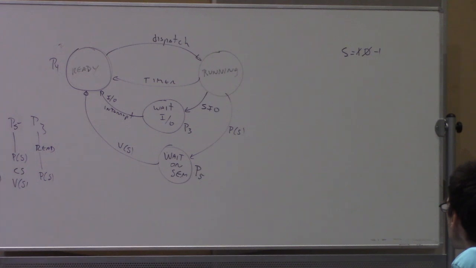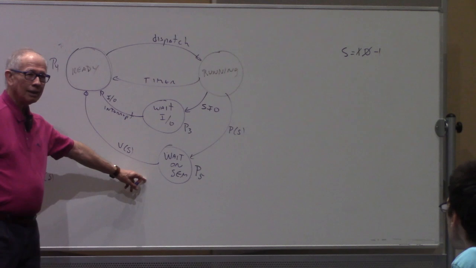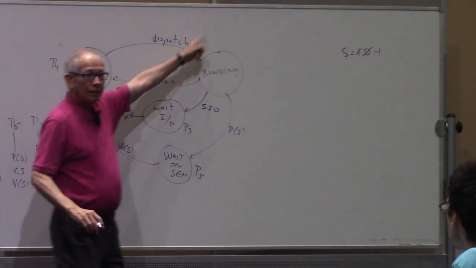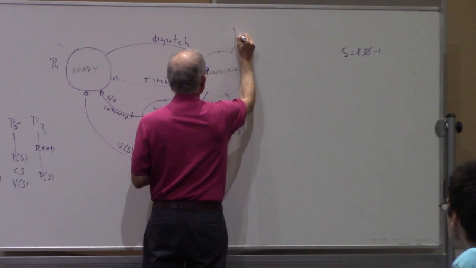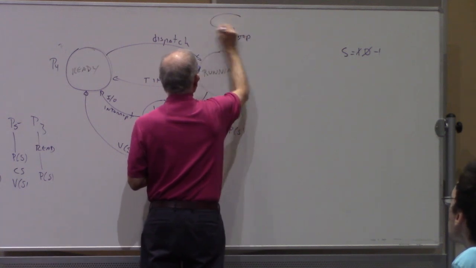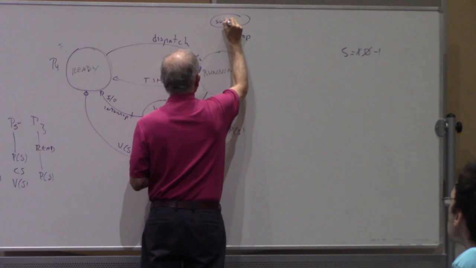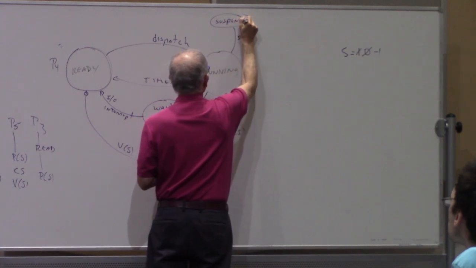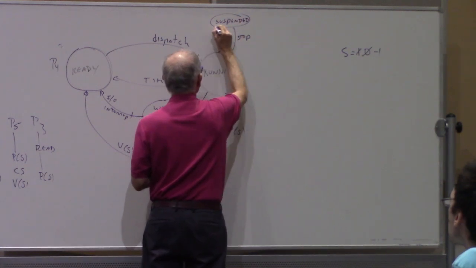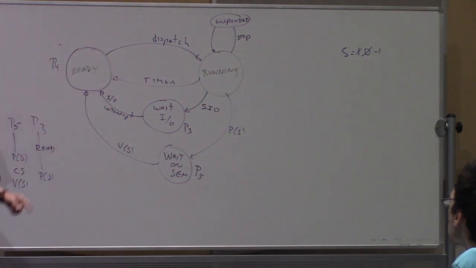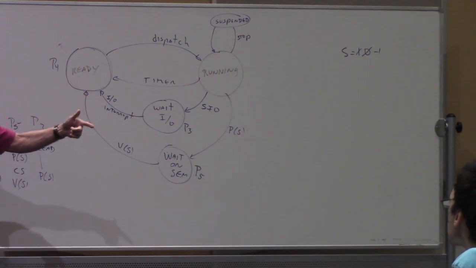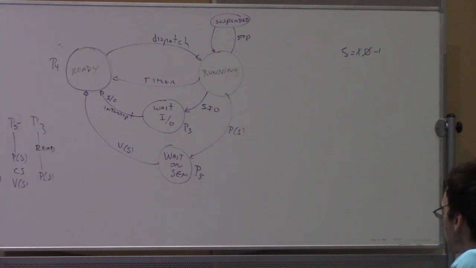Does the suspend state play a part in this too? Like this one, suspend right here, up there? We don't have anyone there because the process that was running, P3, initiated the IO operation, right? But we can have it later.